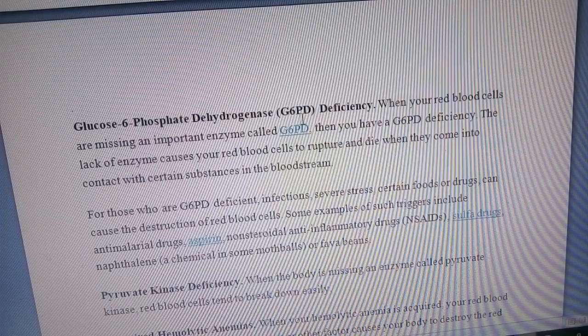When your red blood cells are missing an important enzyme called G6PD, glucose 6-phosphate dehydrogenase, then you have a G6PD deficiency. The lack of the enzyme causes your red blood cells to rupture and die when they come into contact with certain substances in the bloodstream.